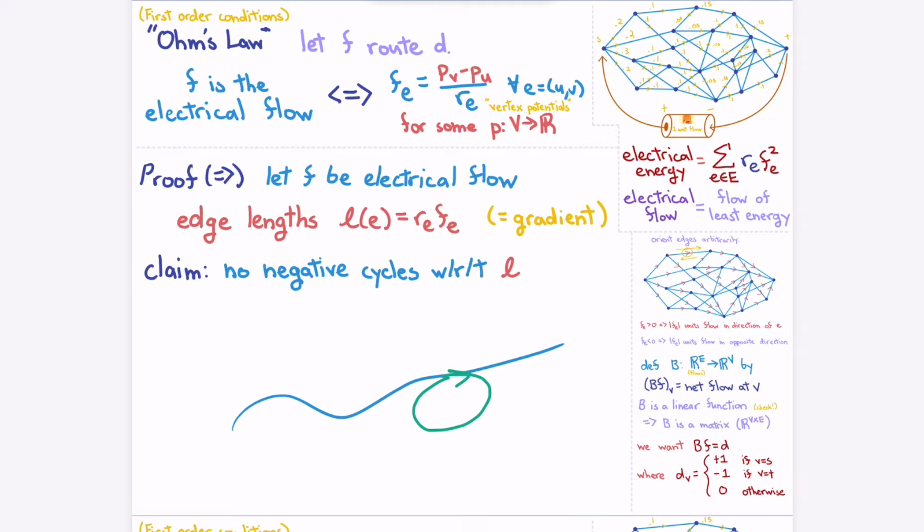Now, if the total length of this cycle was strictly negative, think about what gradient means. It means if I infinitesimally add a little bit of flow along this cycle, the objective should go down at that rate. So if this was strictly negative, then I'd be able to add a tiny amount of flow along this cycle and push down the objective. That's what the gradient is. In this direction, this is how much it changes. So this would be a direction that doesn't violate any constraints, but pushes the objective down if it was a negative cycle.